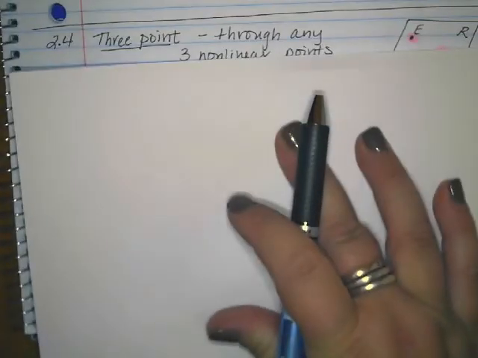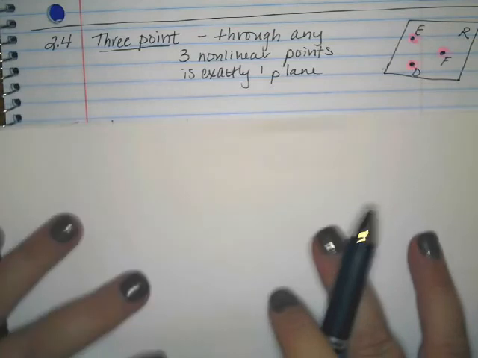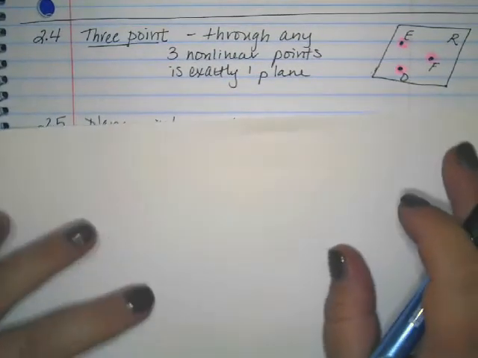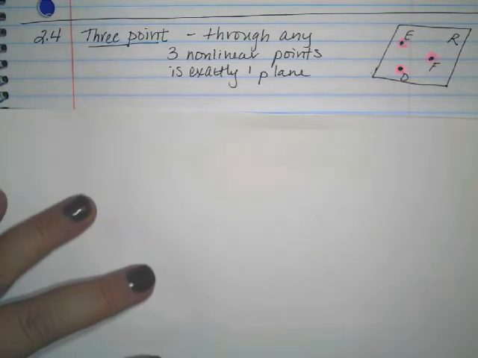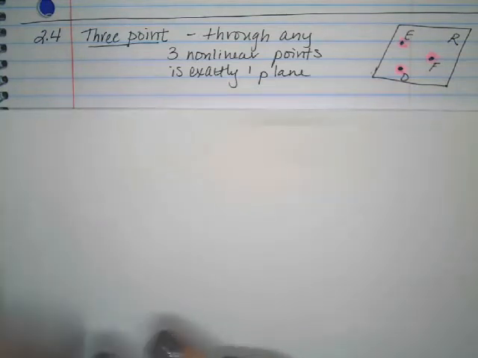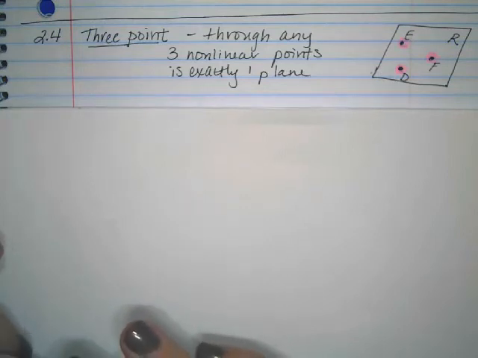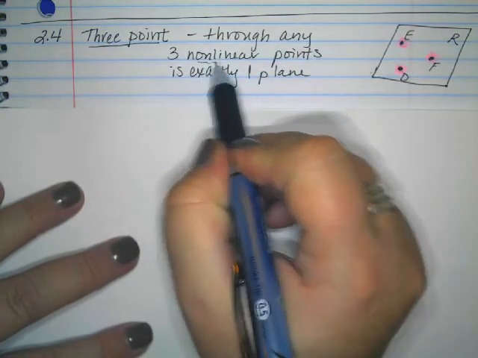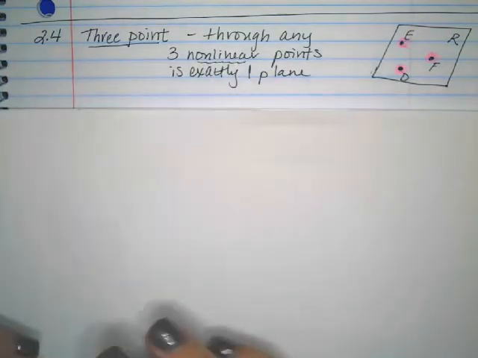Number 2.4 is called the 3-point postulate. The 3-point postulate states that through any 3 noncollinear points, there is exactly one plane. It's really important, this word right here, nonlinear.